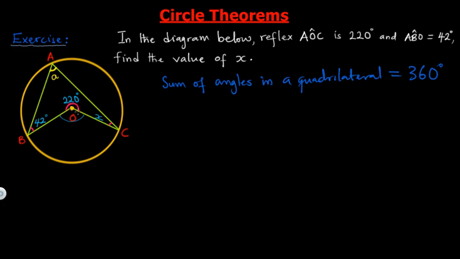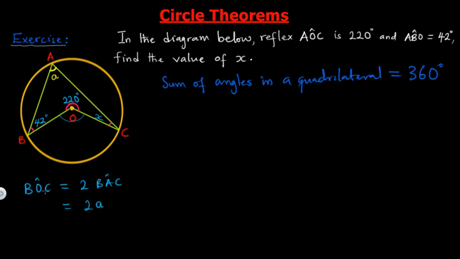Recall that the angle subtended by an arc at the center is twice the one subtended by the arc at the circumference. So you agree to say BOC is equal to 2 times BAC, which means BOC is 2A.